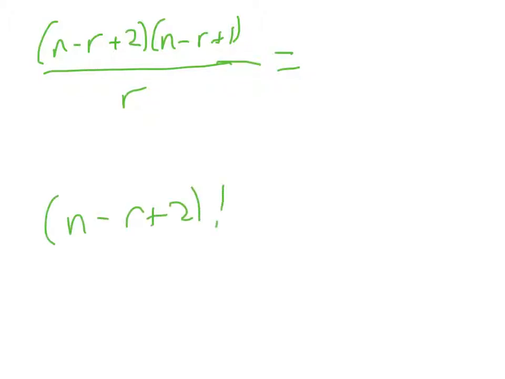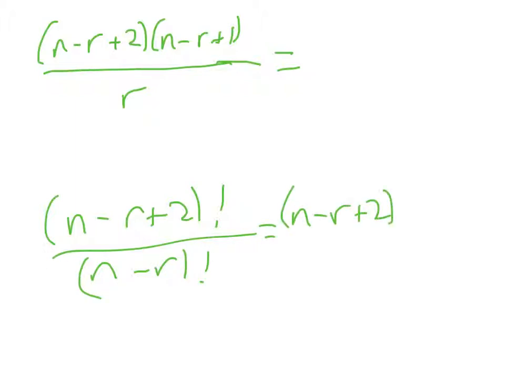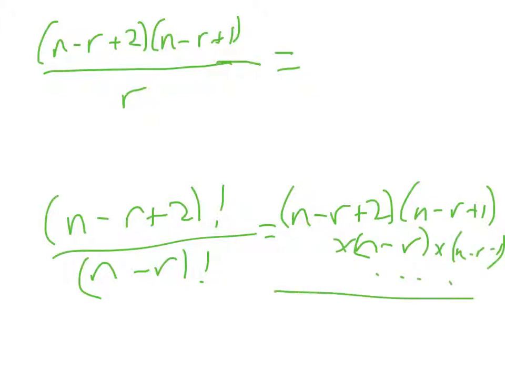So we've got an r over here, and we've got n minus r plus 2 times n minus r plus 1, right? Because all the rest of the n minus r plus 2 factorials, just looking at this bit again, are going to simplify out, because I've got n minus r plus 2, n minus r plus 1 times n minus r times n minus r minus 1, and so on the top line.